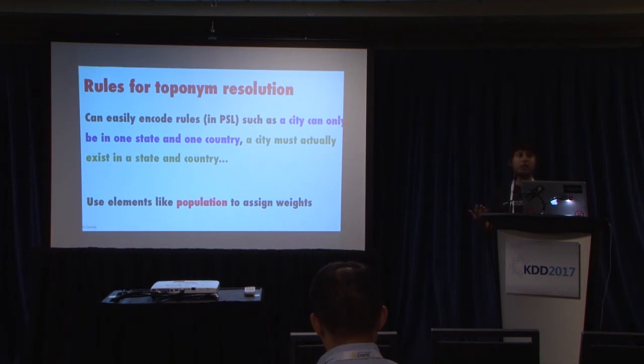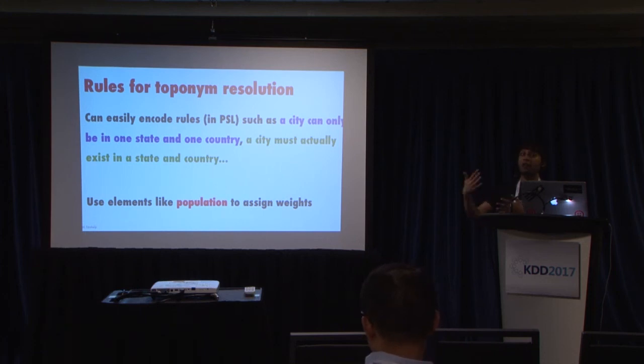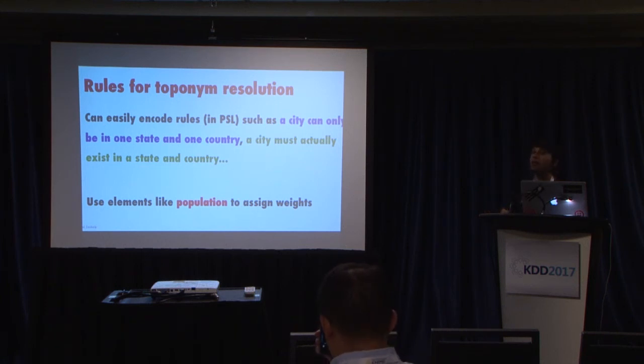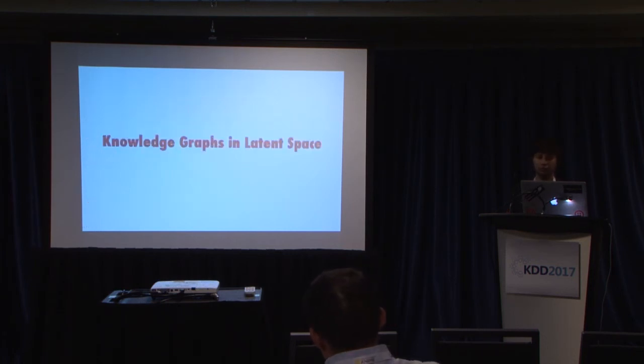But then when you see Ontario and Canada, and rules that this state got extracted, a city got extracted, and this city is actually in the state, PSL will weight London, Ontario higher. That may end up being the most probable assignment. So we found that it actually works quite well for these kinds of things, and even very simple rules can really boost performance in some domains.